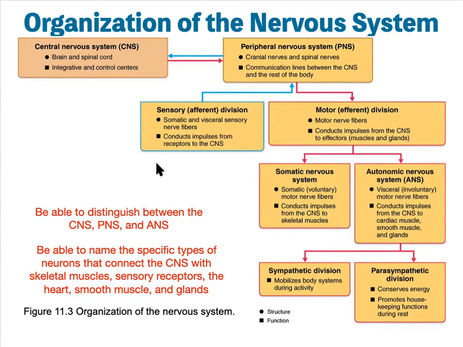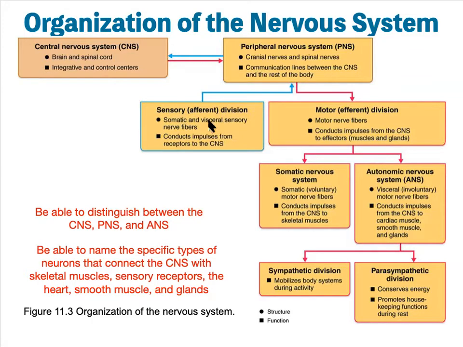Okay, so the sensory or afferent division consists of axons or nerve fibers that convey impulses to the CNS from sensory receptors located throughout the body. Somatic sensory fibers convey impulses from skin, skeletal muscles, and joints.